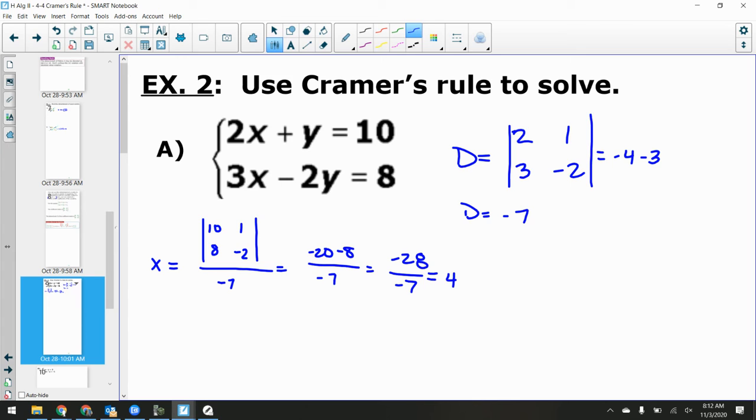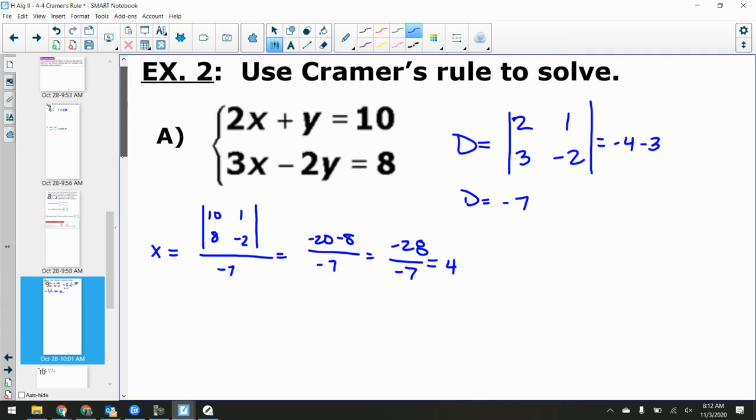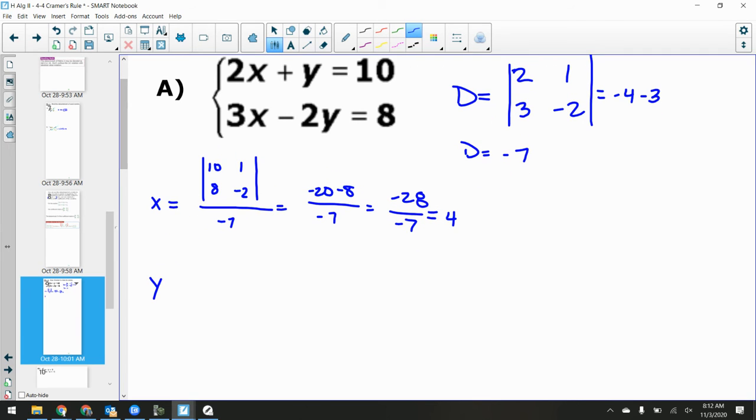All right, so now we find the y coordinate. We divide by -7. And now when I make my numerator matrix, when I find my numerator determinant, I keep the x values, 2 and 3. And now the ones that get replaced are the y coefficients.